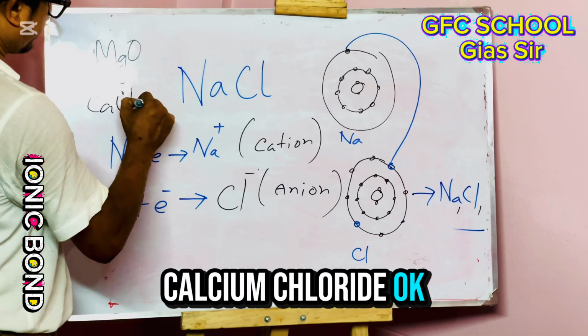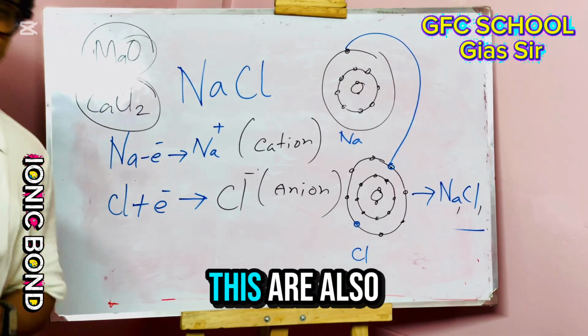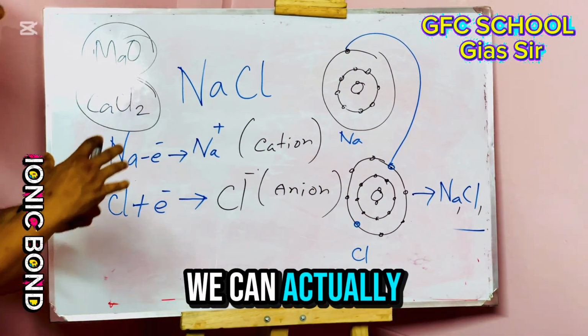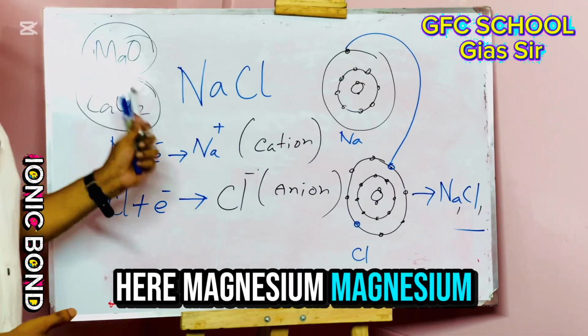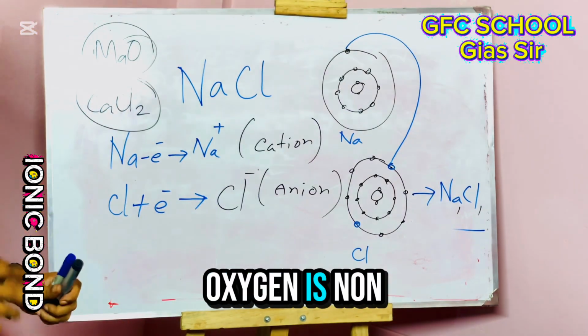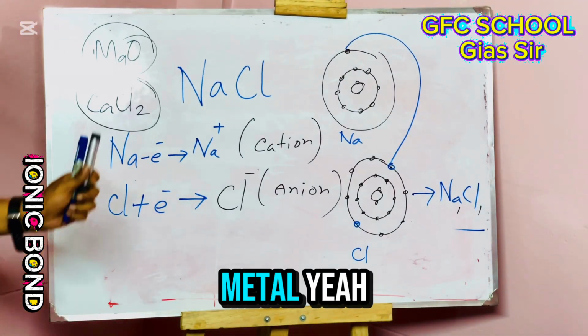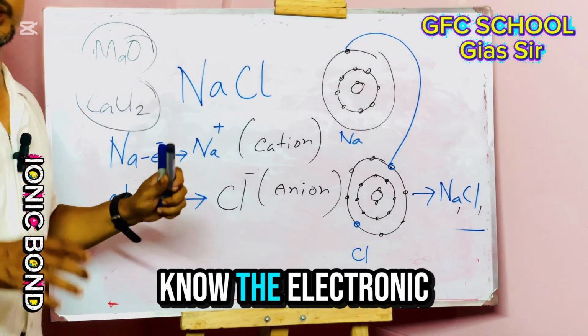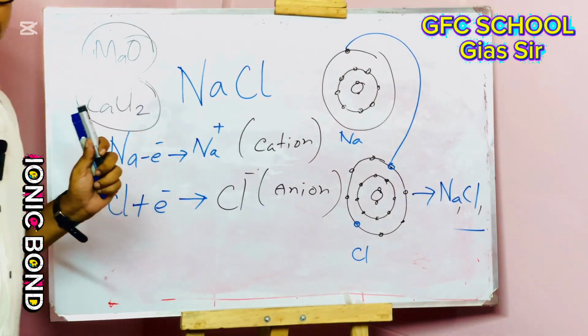These are also ionic bonds. We can describe them the same way. Here magnesium is a metal, oxygen is a non-metal, here calcium is a metal, chlorine is a non-metal. We have to know the electronic configuration and number of electrons of each metal.